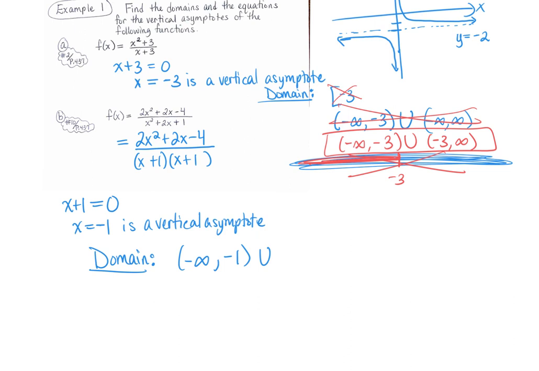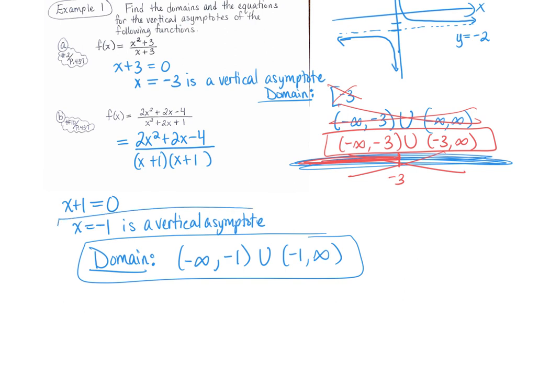Parentheses. Oh, -1, good. Does anyone confirm it? Yes. Confirmed. Agreed. Your domain and your vertical asymptote. What questions do you have? Okay, let's keep it moving.